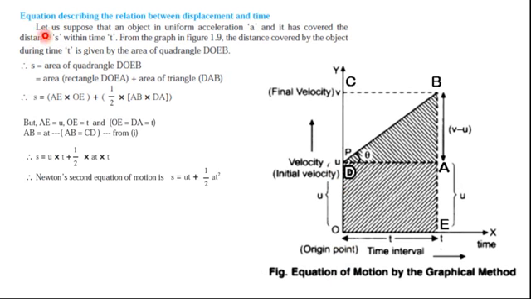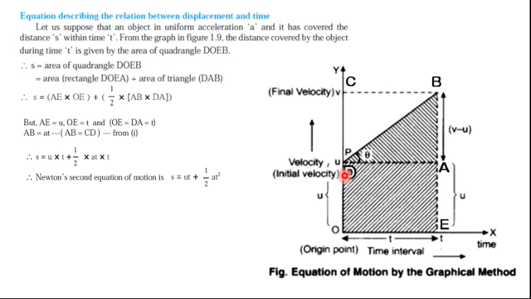Now the second equation. This equation describes the relation between displacement and time. Let us suppose an object is in uniform acceleration a, and it has covered the distance s within time t. From the graph, figure 1.9, the distance covered by the object during time t is given by the area of quadrangle DOEB.